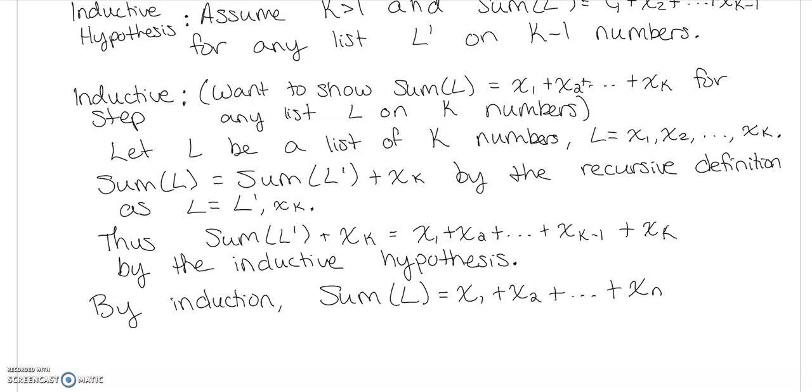Let's switch back to n's now for our final statement. This is going to be true for any list of n numbers, where n is greater than or equal to 1. Because remember, the equal to 1 case we take care of in the base case, and the greater than 1 case we take care of in the inductive hypothesis to the inductive step.